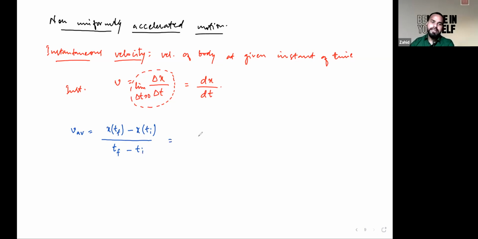There is one more relation to find average velocity. If the equation is itself in terms of velocity and you have to calculate average velocity, just use this expression.